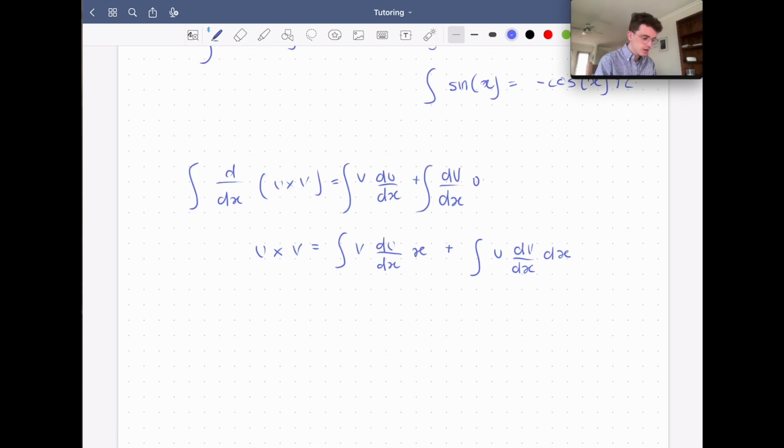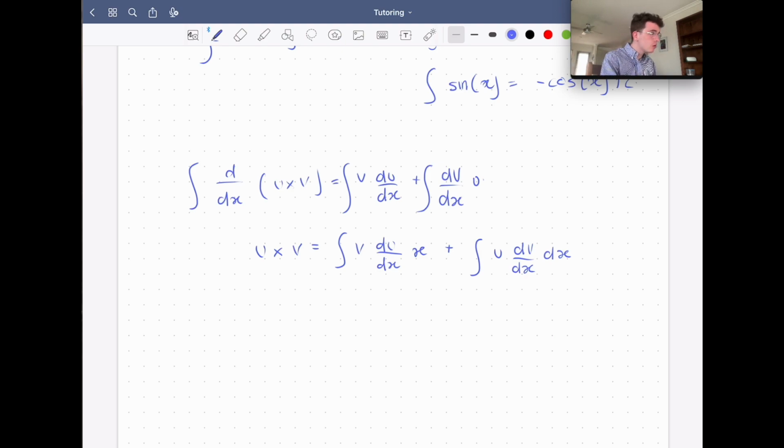Again, we're after the integration of these two different functions. So if I have a go at rearranging this, I've got u times v is equal to the integral of v du dx plus the integral of u dv dx.